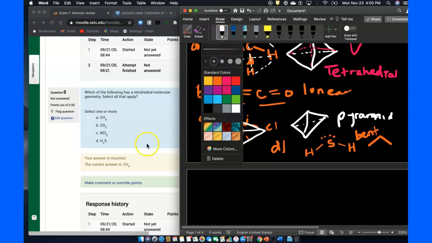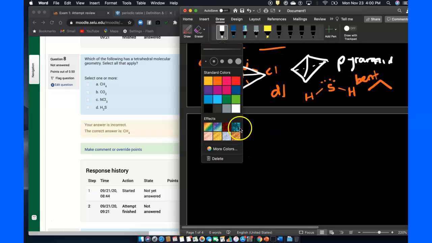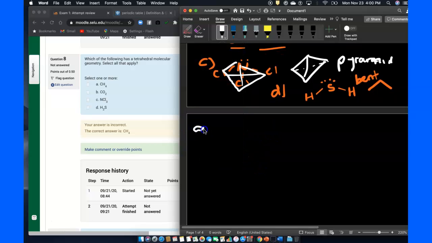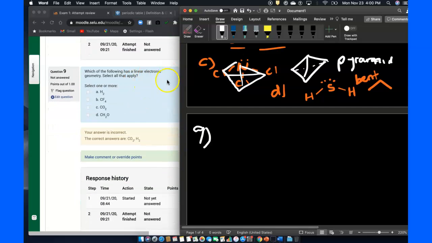Okay, moving on to question 9. Which of the following has a linear electronic geometry? Obviously, B will be tetrahedral, and D will be trigonal planar. So the answer is A and C, because if you write hydrogen, it's going to be like this.